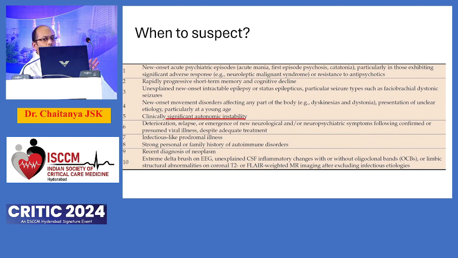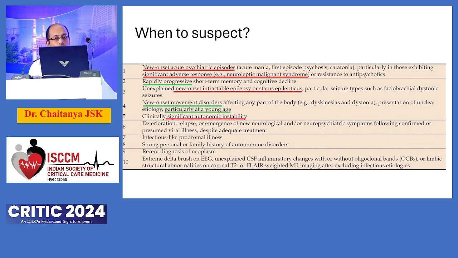But any new onset psychiatric disease that responds abnormally to antipsychotic medications, it has been noted that there is a high incidence of neuroleptic malignant syndrome in this group of patients. Also patients who rapidly have cognitive decline, and those who present with status epilepticus where we are not able to find a common trigger.